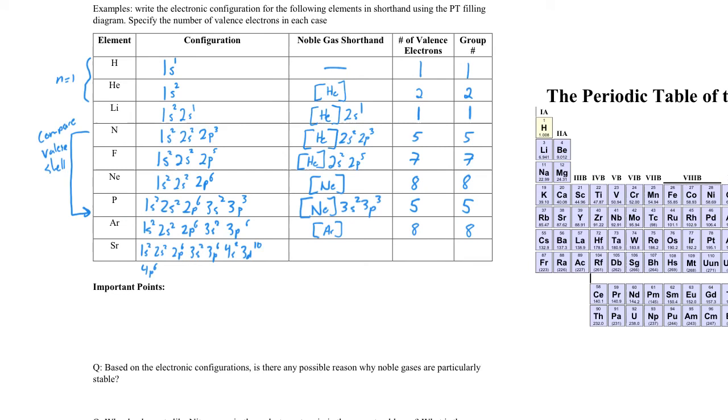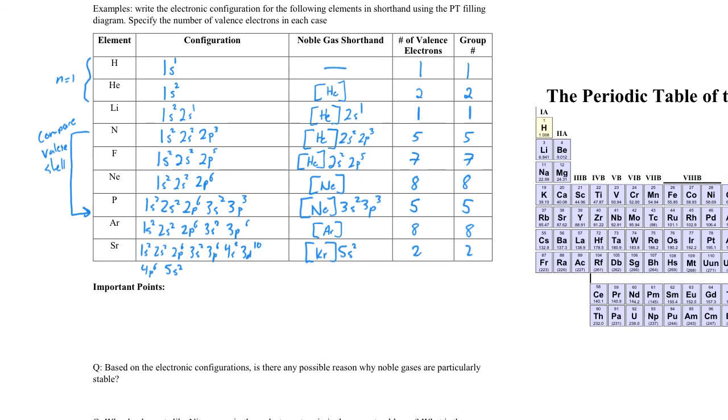Then we have the d block, and we have 10 electrons in the d block. Then we have to finish out the 4th shell, which is 4p6, before we go to the 5th row, which is going to have 2 electrons in it. And again, the noble gas core of that is krypton with 5s2 in the valence shell. And strontium is in group 2 and has 2 valence electrons.